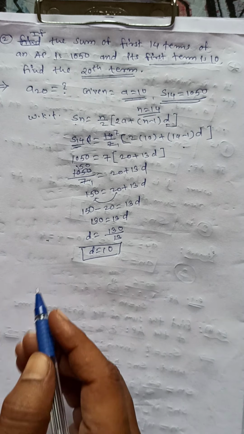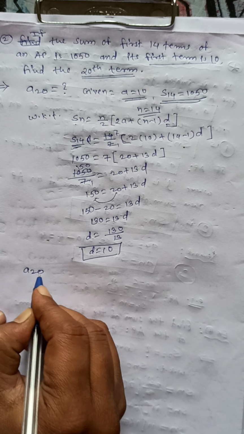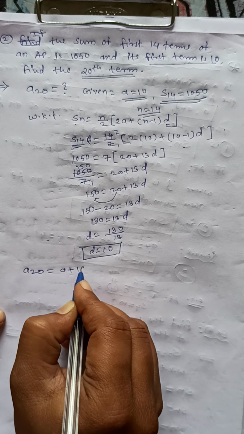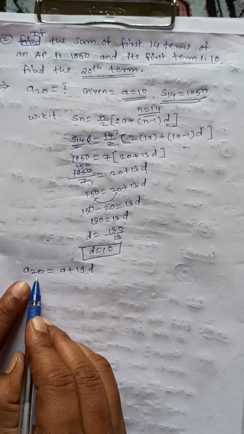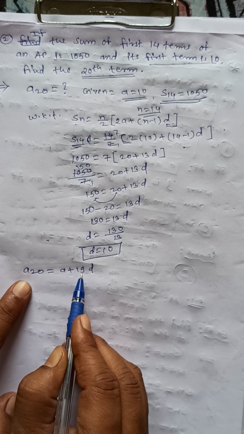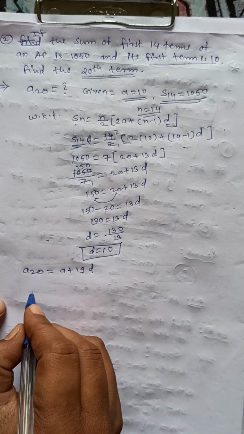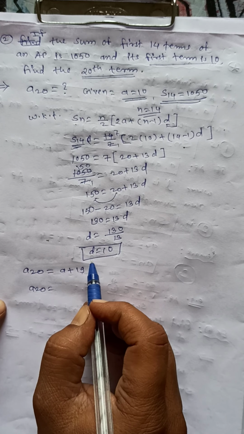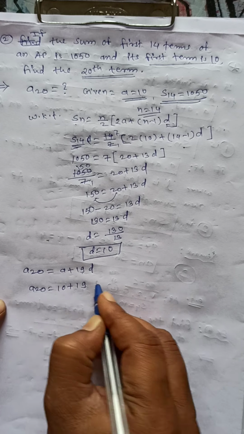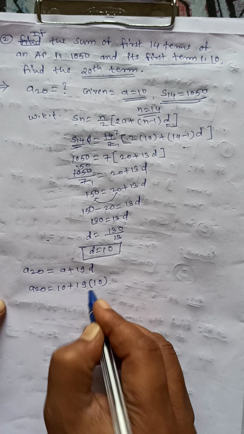a is equal to 10. Now it is very easy to find A20. A20 is equal to, by our formula, a plus 19d. Here, 1 less than 20 is 19. So A20 is equal to 10 plus 19 into the difference d, which is again 10.